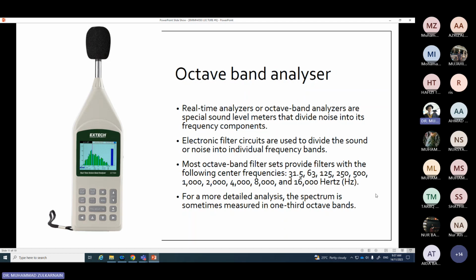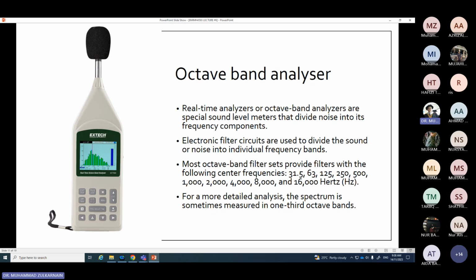For more detailed analysis, the spectrum is sometimes measured in the 1/3 octave band. Within the octave, it can be separated into several parts. As we know, every octave has a range of frequency.